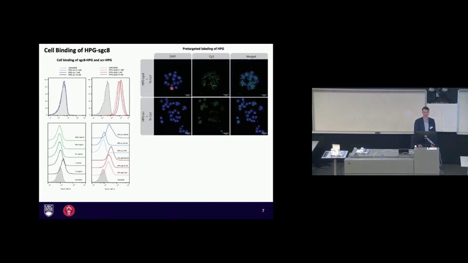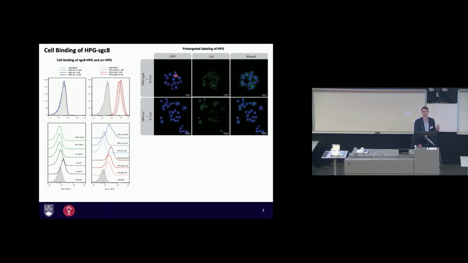You remember we have an HBG-trans-cyclooctene functionalized nanoparticle. So we can use this for pre-targeted labeling, and ideally at a much later stage for in vivo pre-targeted imaging. The way it works is we incubate cells with HBG-SGC8 or HBG-scrambled, which has those free TCO functionalities.